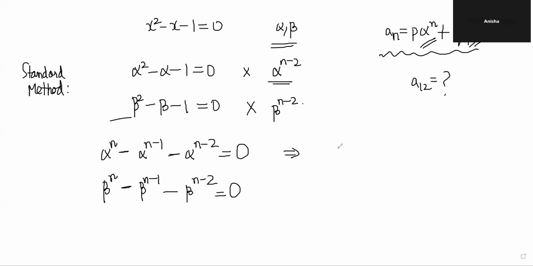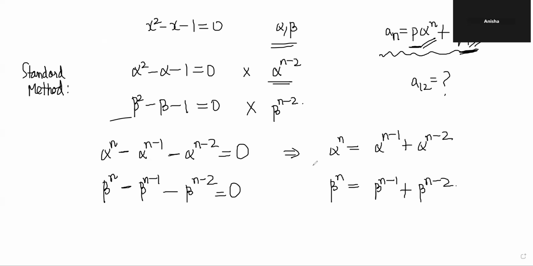Now you write it like this: alpha power n is equal to alpha power n minus 1 plus alpha power n minus 2, and beta power n is equal to beta power n minus 1 plus beta power n minus 2. And then we just construct it according to the way we are supposed to do. So for that, I need to multiply this equation by p and this by q, right? This by p, so everywhere p will come, and this by q, so everywhere q will come, right?